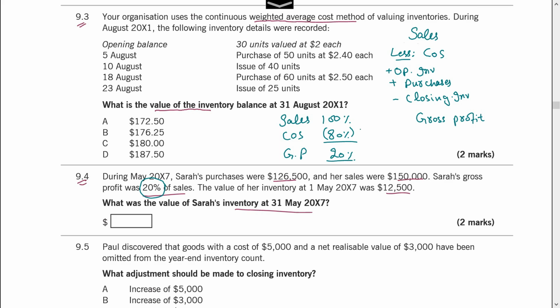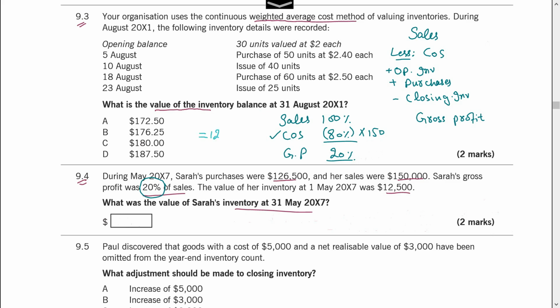So let's take the 80% of 150 to find out cost of sales. So the 80% of 150 will become 120,000, and in order to find out closing inventory we will simply rearrange this equation.